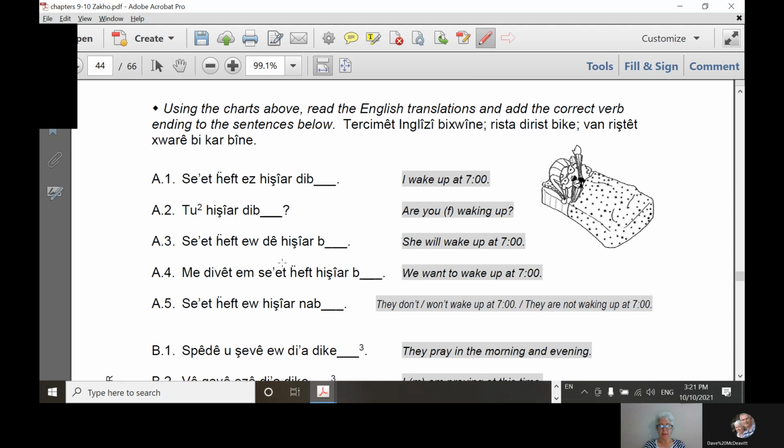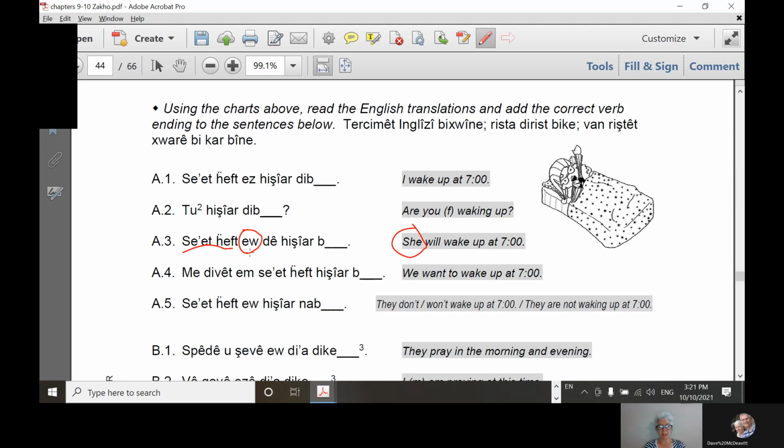In A3, what's our subject? She will wake up at 7 o'clock. Okay, so at half, that's our at 7 o'clock. So here's our she, ow. And this time is future tense, which you'll notice we have this day. That's not really relevant to what we're doing right now. I'm just pointing it out to you.